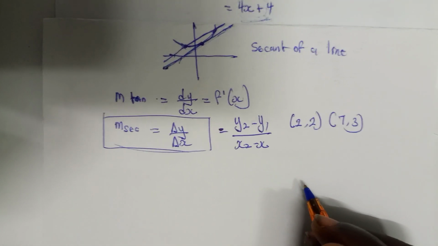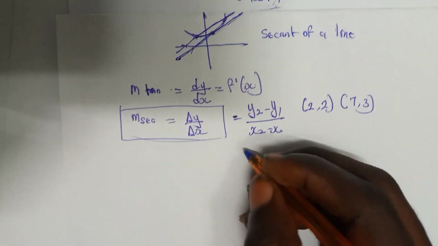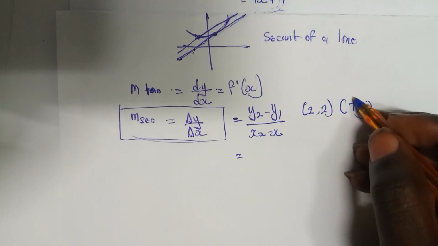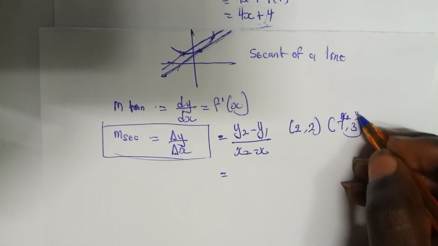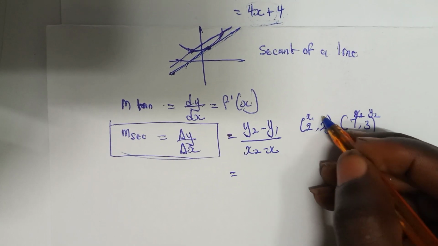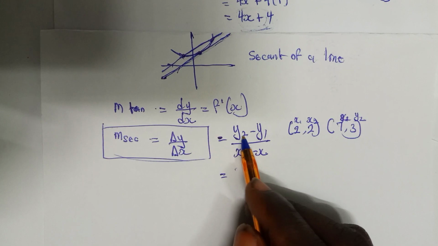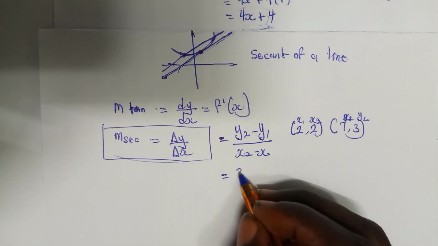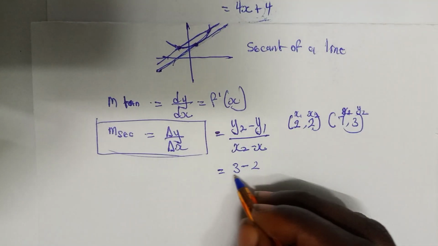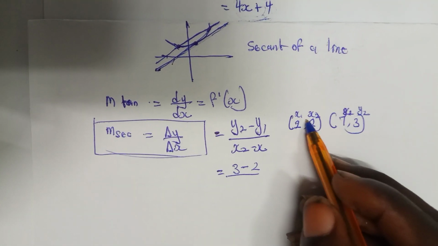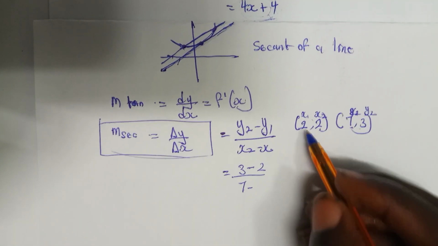When they ask you to calculate the gradient, that's the gradient or slope of a secant, we are going to get y2 minus y1, which is 3 minus 2, all divided by x2, which is 7, minus x1, which is 2.